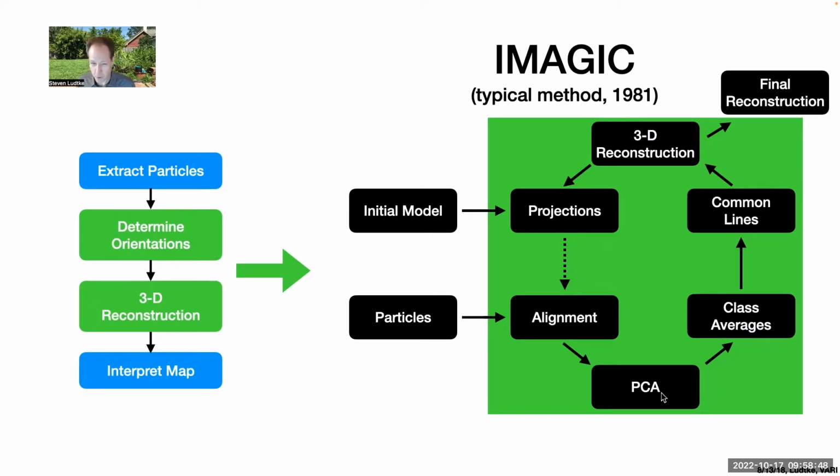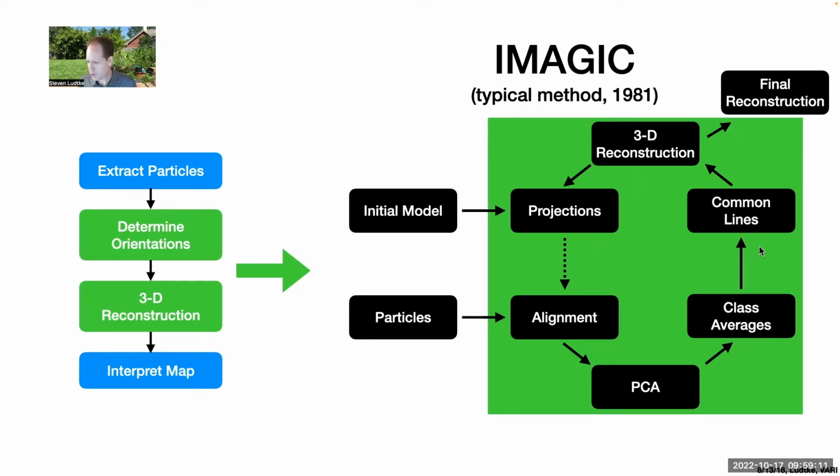Then you run principal component analysis on the set of aligned 2D particles and use that to classify the particles and produce a set of class averages. And the idea is that these class averages would then represent different particle orientations, so different 3D orientations of the particle, not different 2D orientations of the particle.